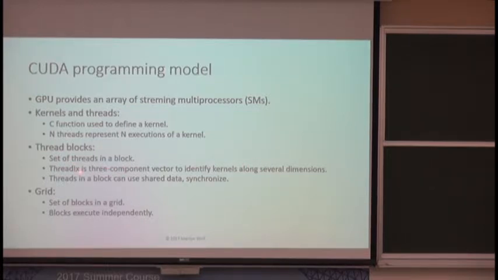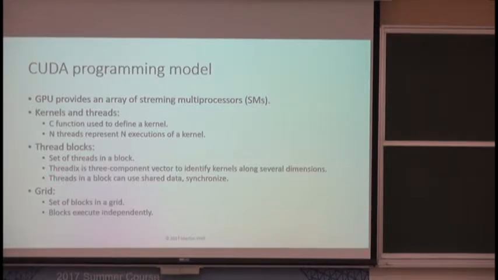We have a three-component vector that allows us to identify threads executing along several dimensions. Threads within a block can share data and they can synchronize. So you have to organize your sharing of data and the synchronization within your thread block.